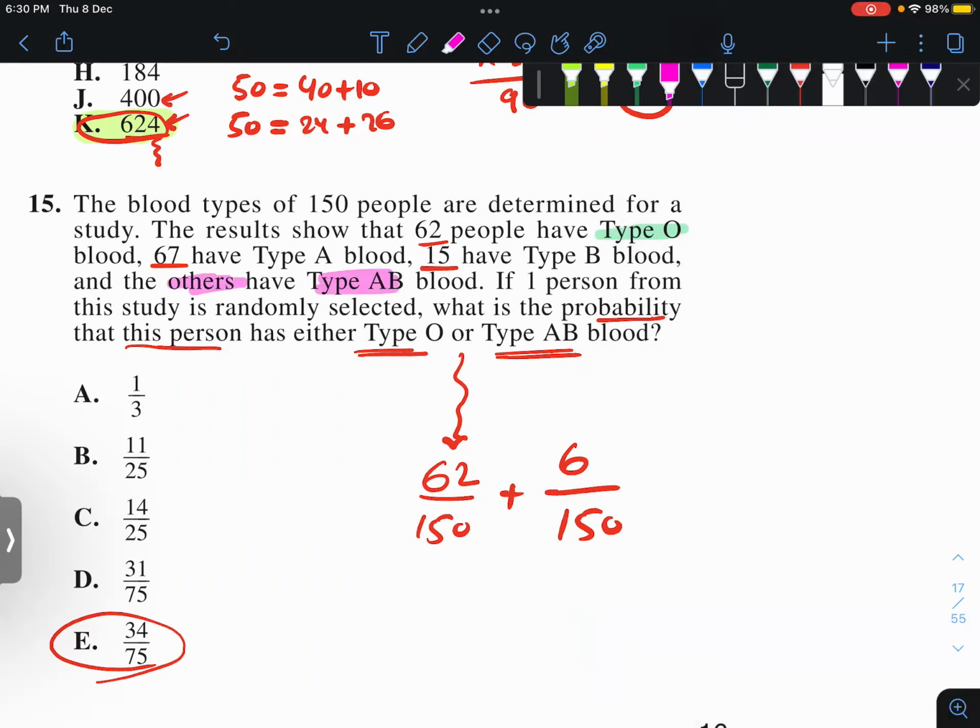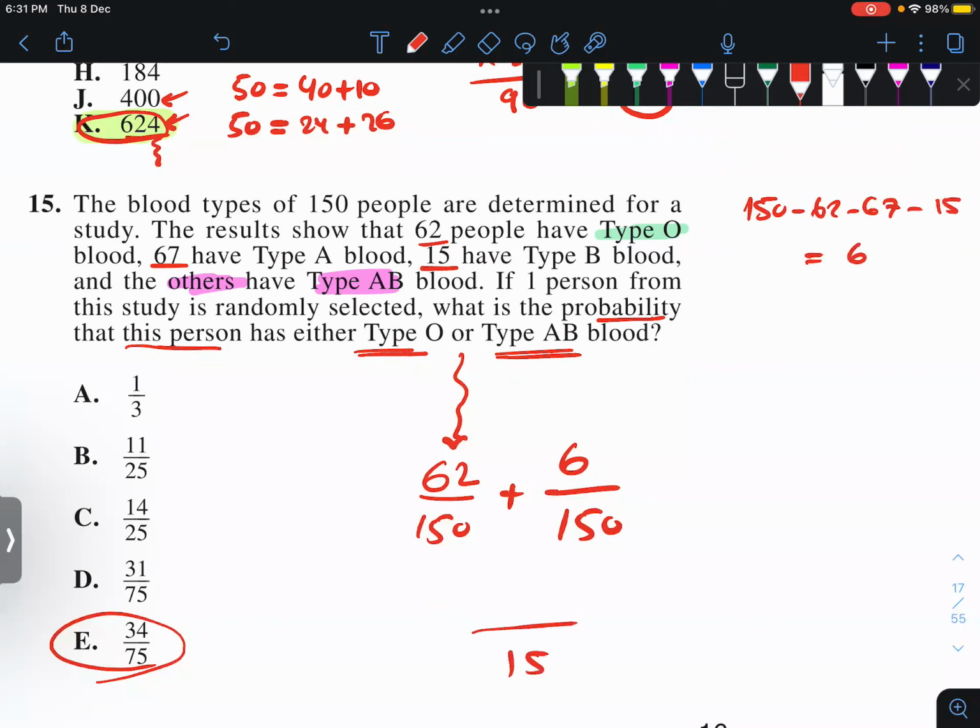The others have type AB, so the others from 150: 150 minus 62, minus 67, minus 15. When you subtract all of these from 150, it gives us the others, type AB. 150 minus 62 minus 67 minus 15 equals 6.